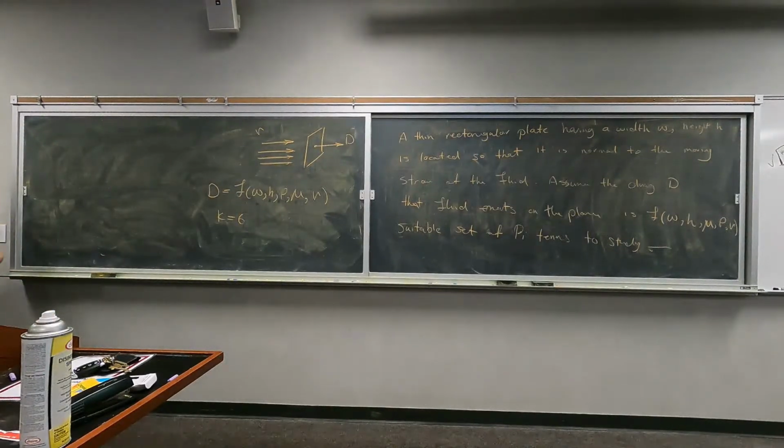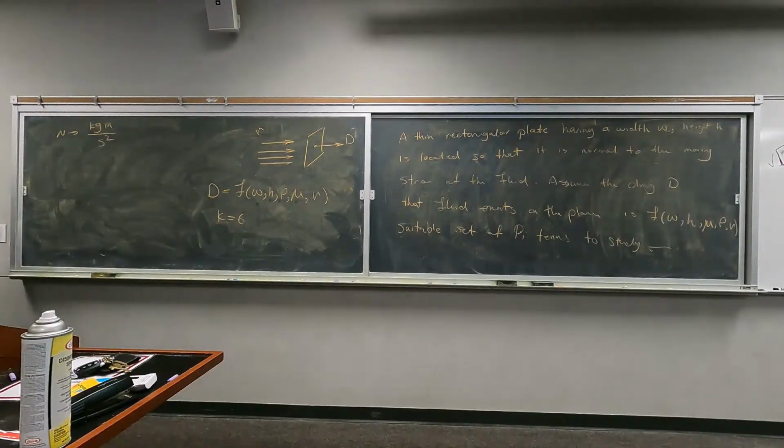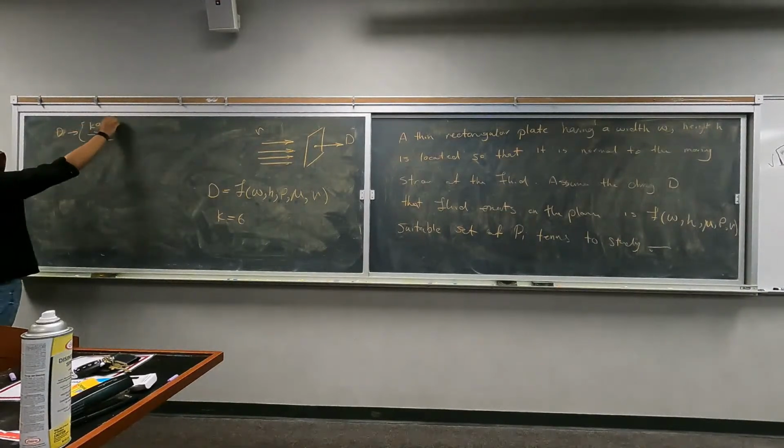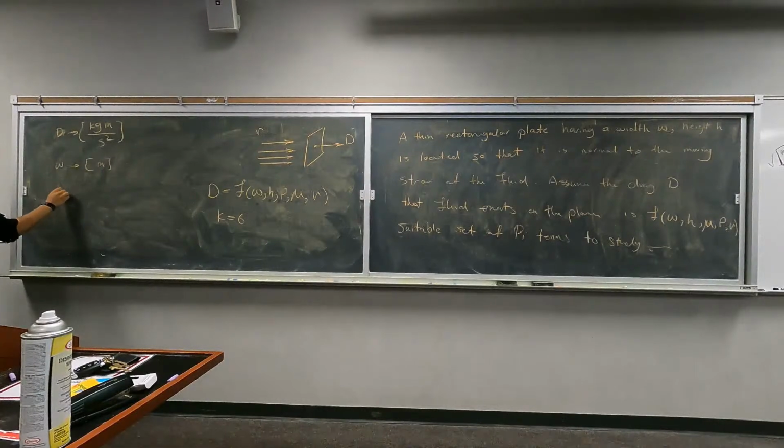Your drag force is a force, so newtons, and newtons in MLT we found is kilograms meters per second squared, all of which are primary dimensions. Then the dimension of width is meters. Again, we are dealing with SI. You can also use the British units, it doesn't really matter.